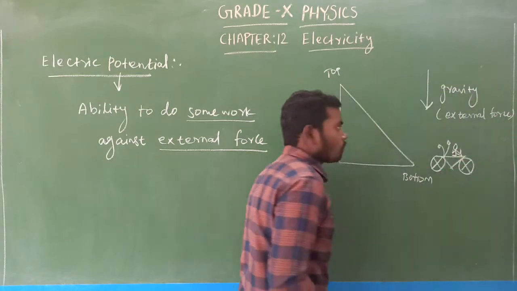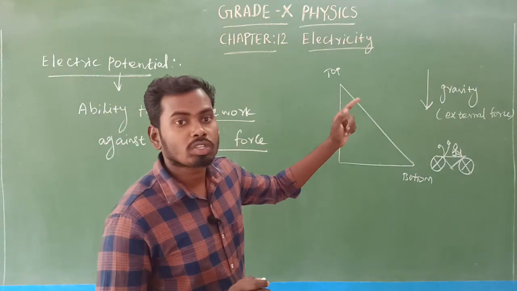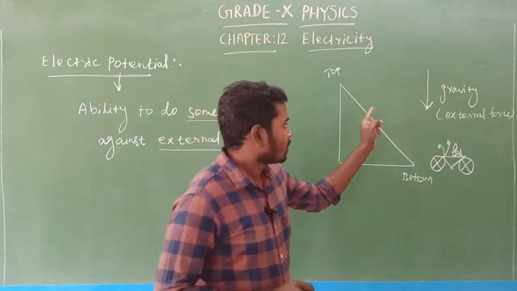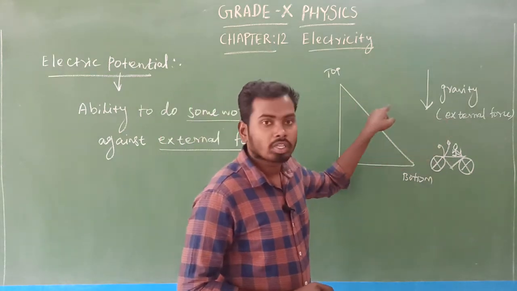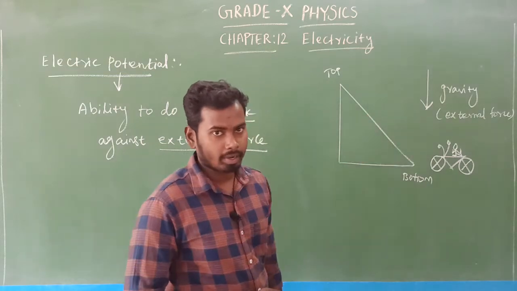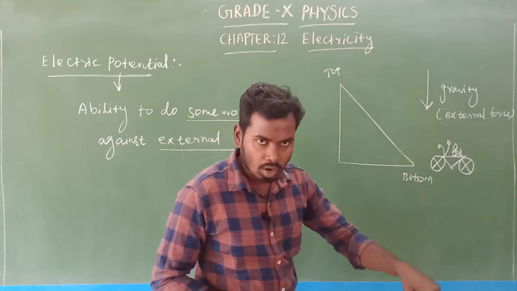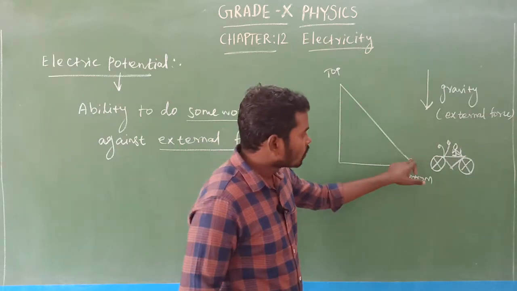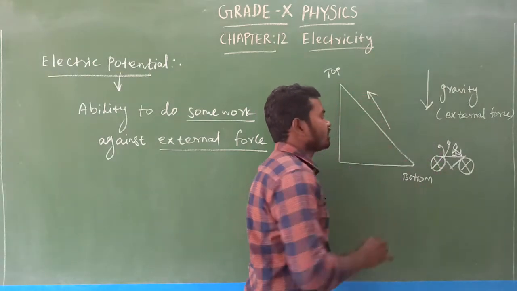Gravity is the external force because the gravitational force opposes your motion along this inclined plane. Gravity pulls all objects downward, but you want to go upward, to the top, in this direction.